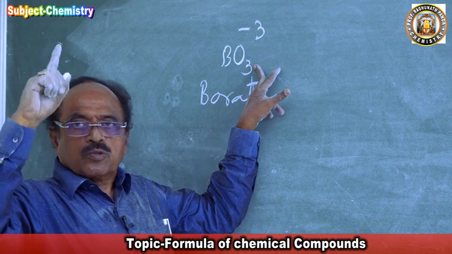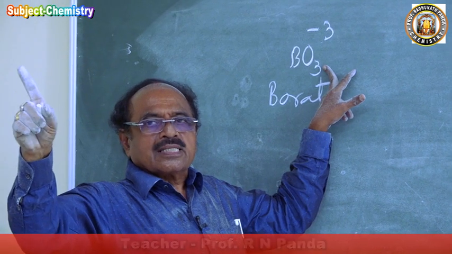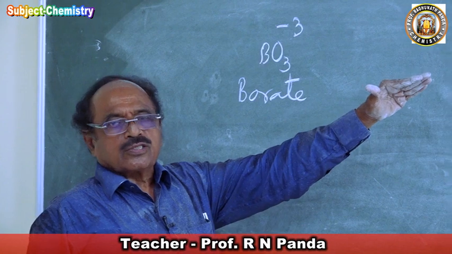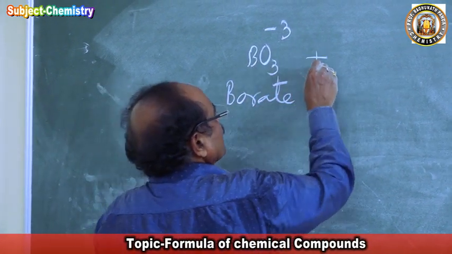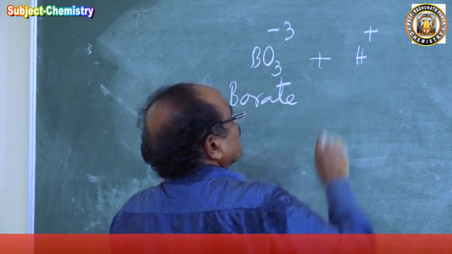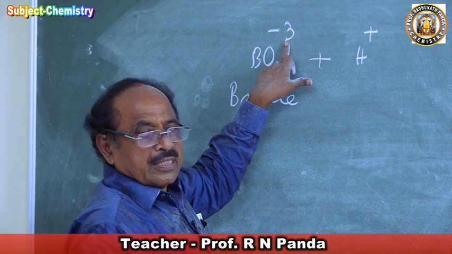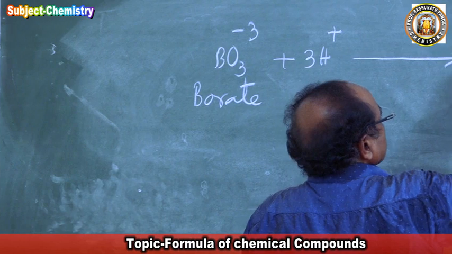I am going from group 3, then group 4, then group 5, then group 6, then group 7. So group 3 is borate. It will combine with H plus. How many H plus? The charge is 3, so we combine with 3 H plus. So this will form H3BO3.